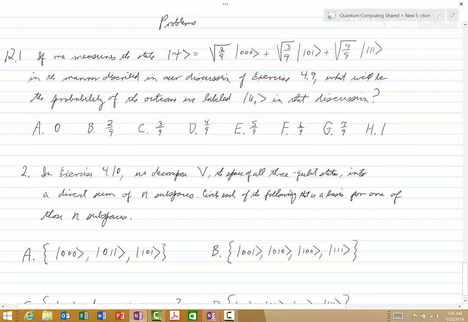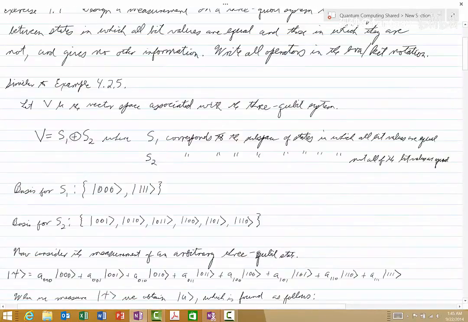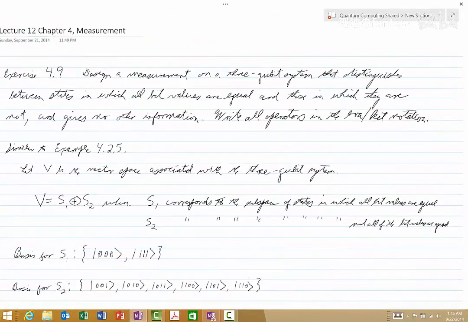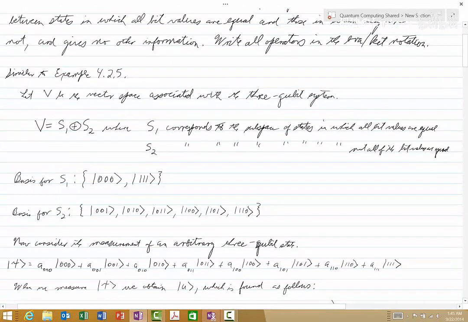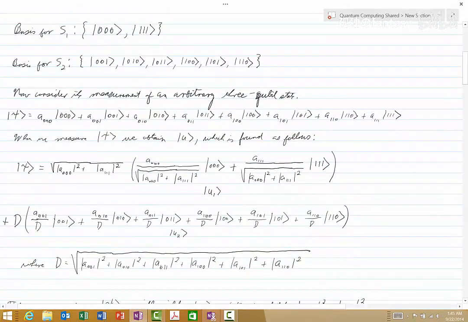what will be the probability of the outcome we labeled U1 in that discussion? So just scroll back up here to the very first of the lecture, and here's the discussion of exercise 4.9, and you can see that this parenthetical expression is U1.